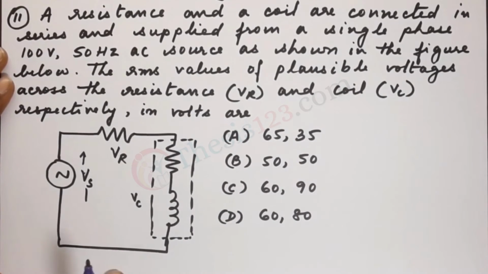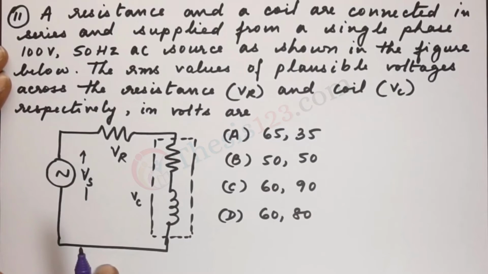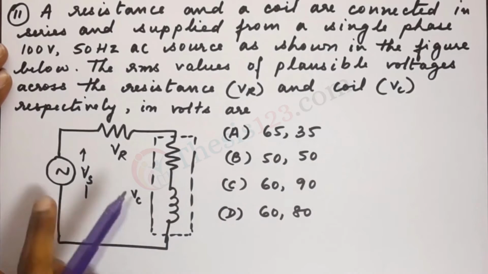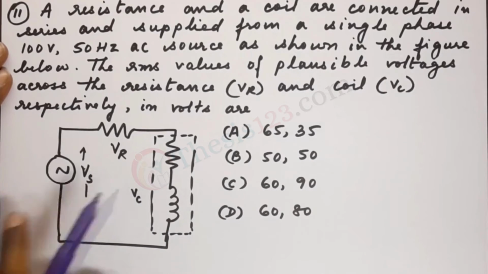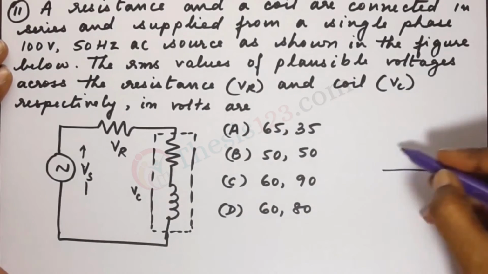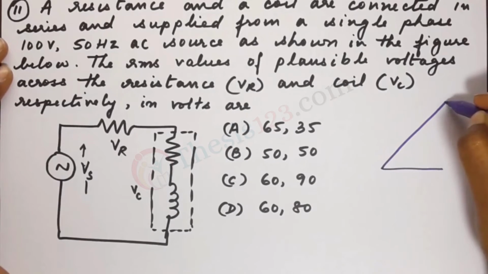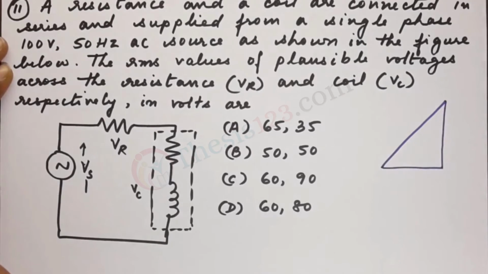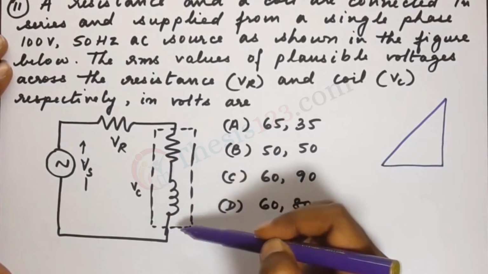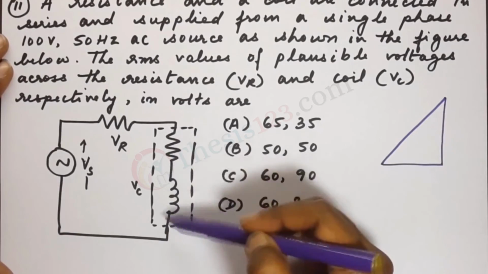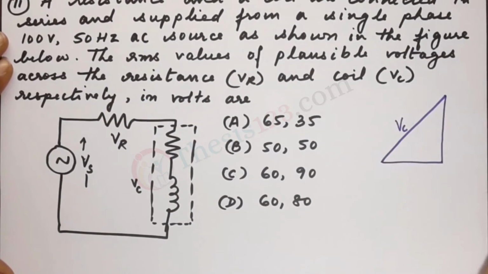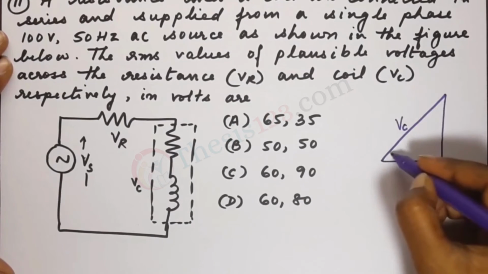Now, in order to solve this, I think the best way to do it is by drawing a phasor diagram, because here our source is an AC source, so it always helps to see what the phasor diagram looks like. We have the VC that is given over here, the coil, the current and the voltage across this coil. So VC is our hypotenuse.